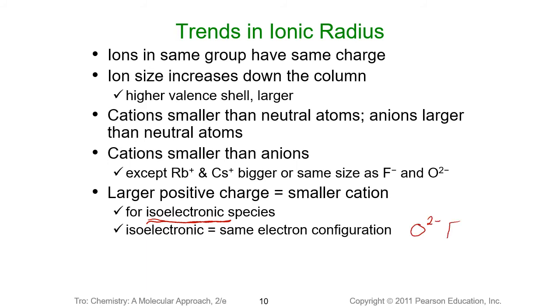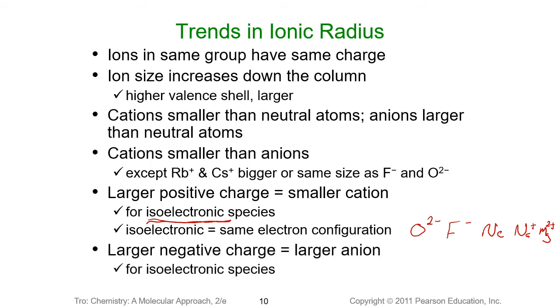O2 minus, F minus, neon, sodium ion, and magnesium ion all have the exact same electron configuration, and so they're said to be isoelectronic. If we have a larger negative charge, our anion is going to get larger, and that's because we have fewer protons holding on to more electrons.